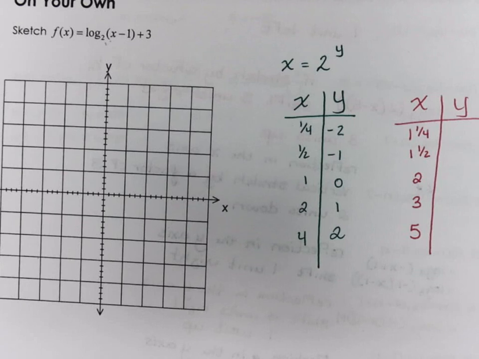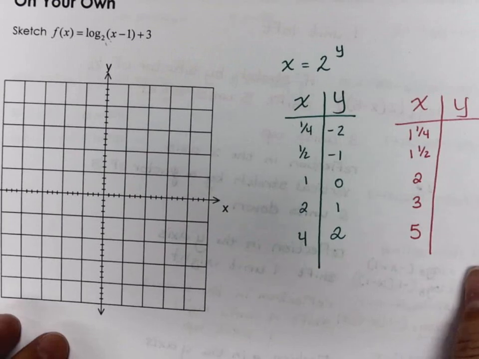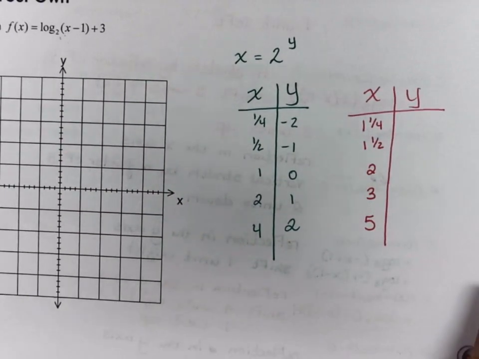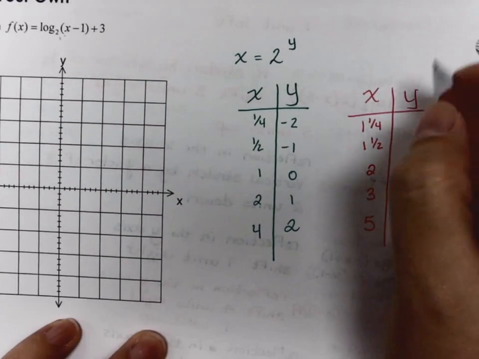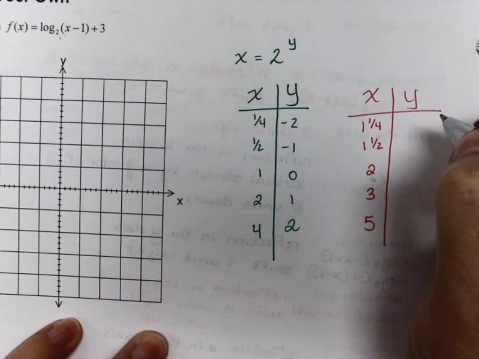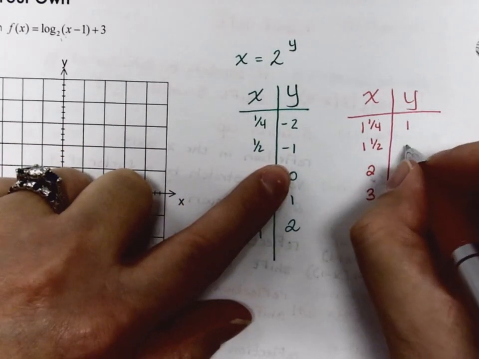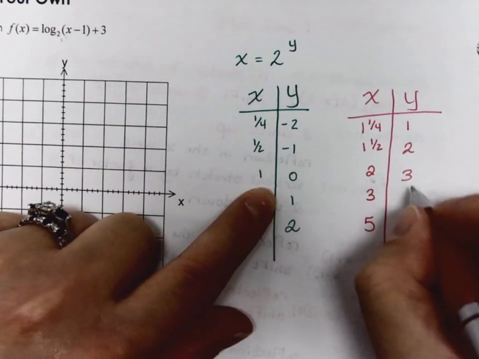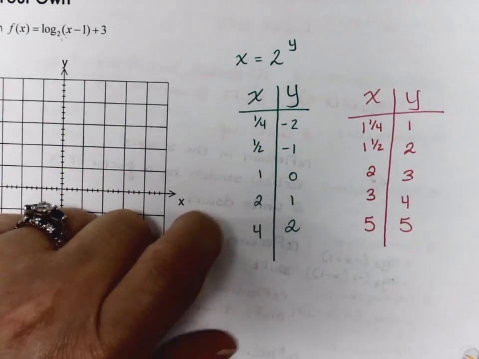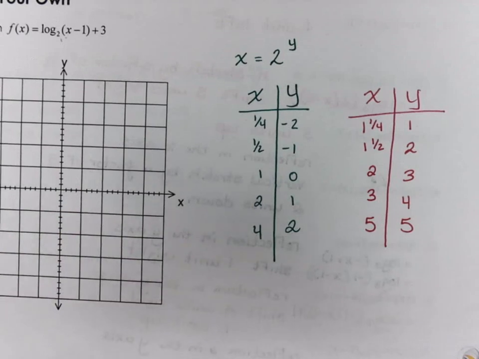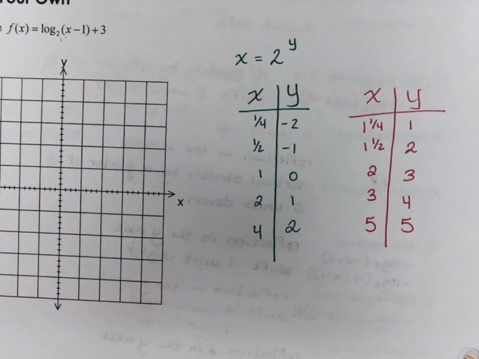If you want to use improper, you wouldn't be wrong. If you want to use decimals, you wouldn't be wrong. I just like either adding or subtracting whole numbers there. Okay, so I'm supposed to add 3's here. So 1, 2, 3, 4, 5. What happened to my asymptote? Plus 1, yeah.